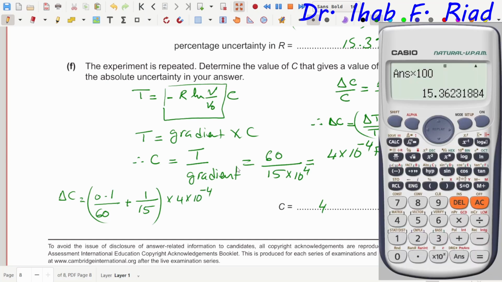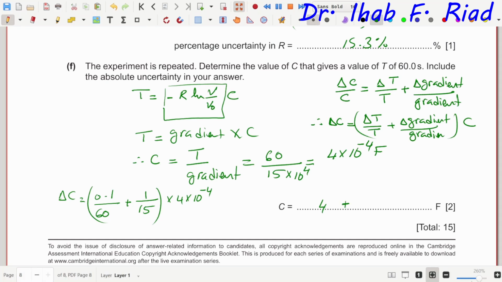Okay, now we do the calculation. So it is 0.1 divided by 60 plus 1 divided by 15, times 4.273, and we quote it to one significant figure, then it is 0.3.